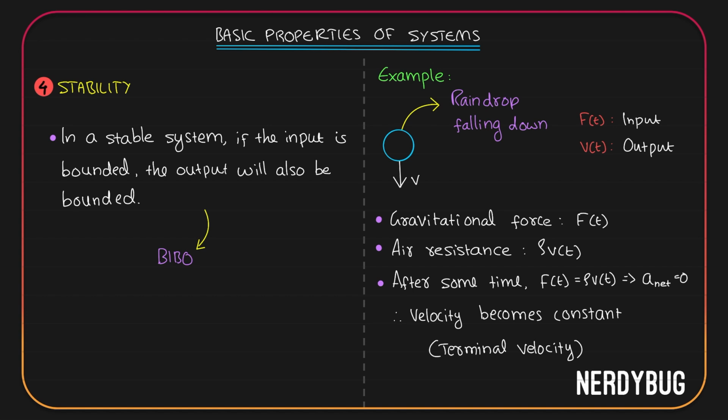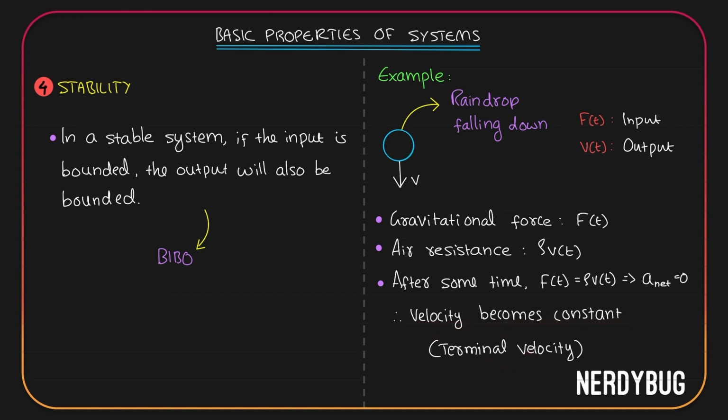At some point, air resistance will be equal to the gravity, because gravity doesn't increase, it's just the weight of the raindrop, it's a constant. At the same time, air resistance keeps increasing with velocity. So at some point, they become equal, and net force on the raindrop becomes zero, which means net acceleration is zero, which means its velocity will now become constant. We call this terminal velocity.